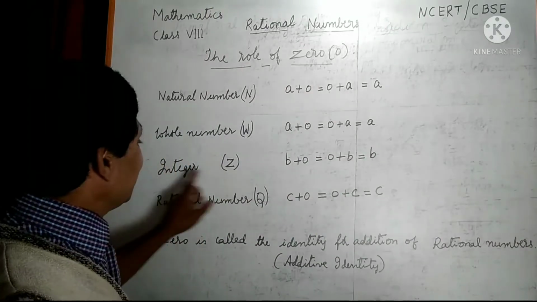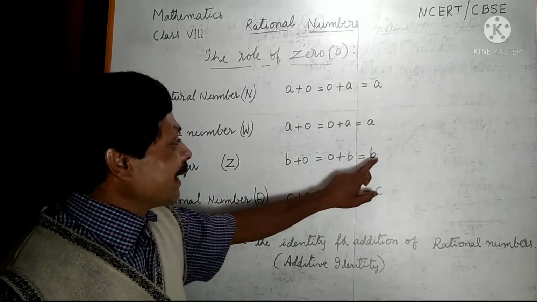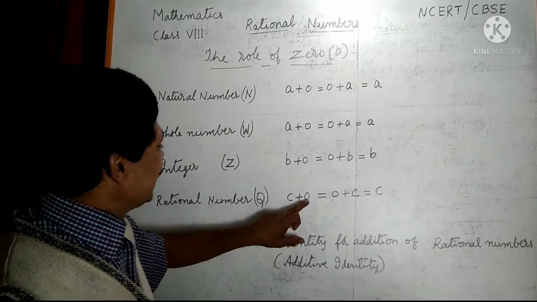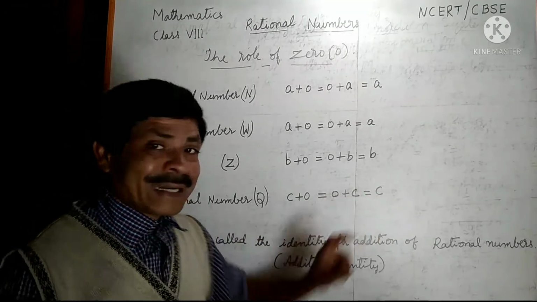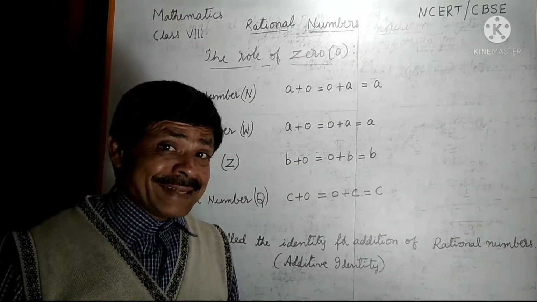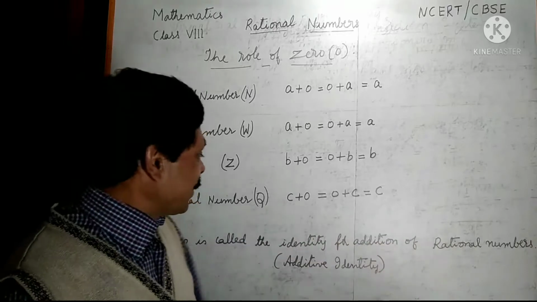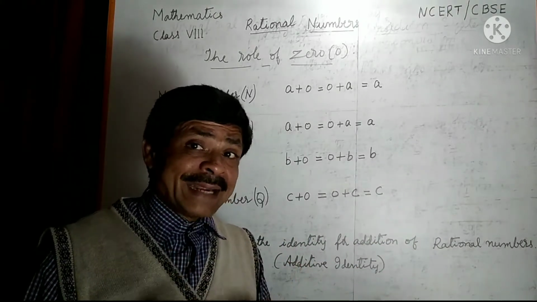And when we add 0 to an integer or an integer to 0, we will get an integer again. Similarly, for rational numbers, when we add 0 to a rational number or a rational number to 0, we will get a rational number again. So 0 is called the identity for addition of rational numbers. Also it is called additive identity for whole numbers and integers.